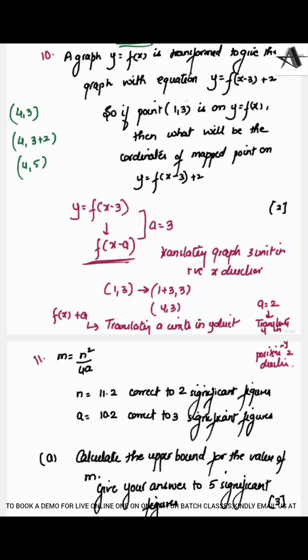So your point will become 3 plus 2, that is 5. So finally the point will be 4 comma 5.